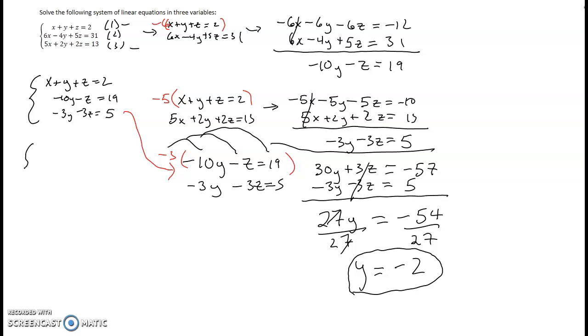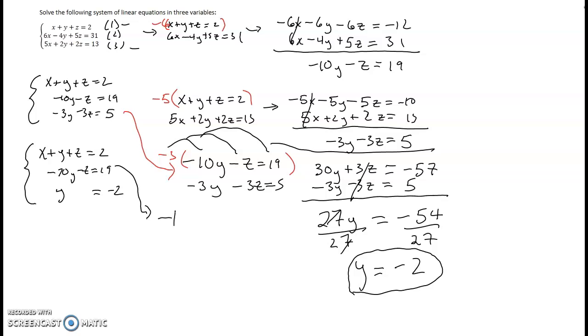So I'm going to rewrite my system. We have x plus y plus z equals 2. We're going to leave the second one, negative 10y minus z equals 19. And then our third equation is just y is equal to negative 2. Well, look at this. I can plug negative 2 into this equation.